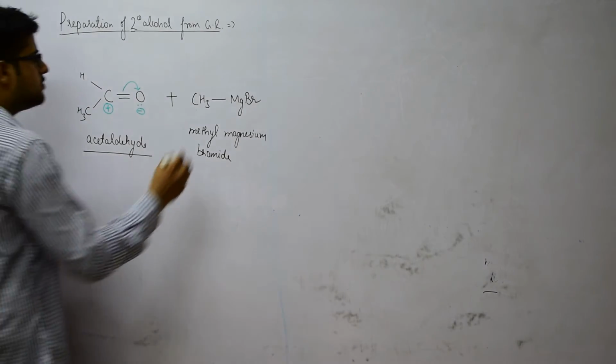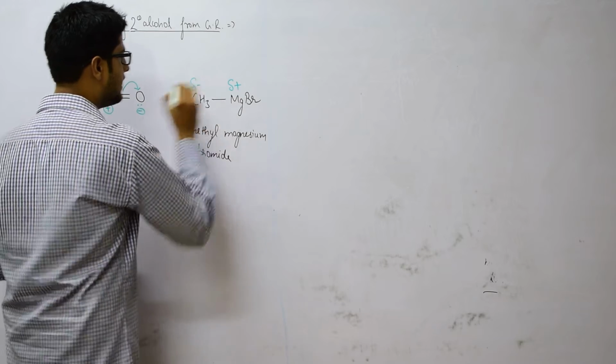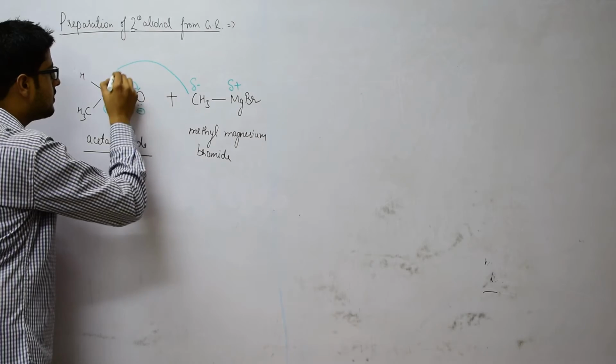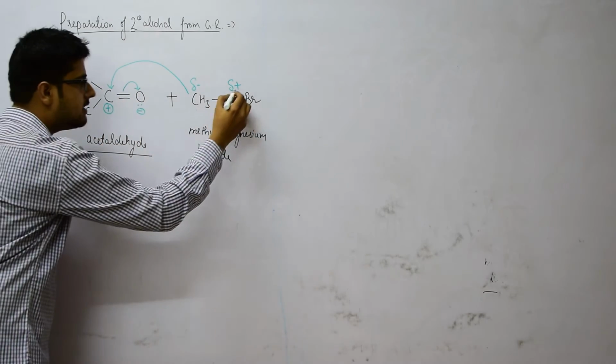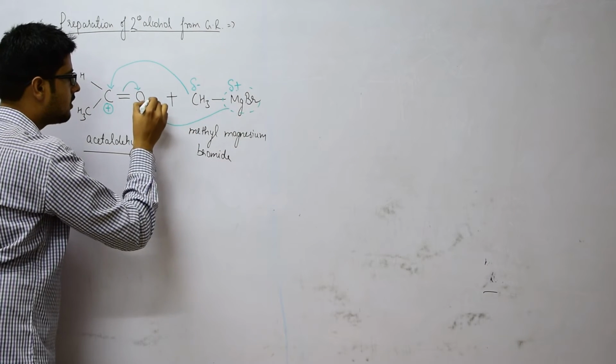This MgBr has a slight positive charge and this CH3 has a slight negative charge. So this CH3 will attack the positive center carbon and this MgBr will attack the negative center oxygen.